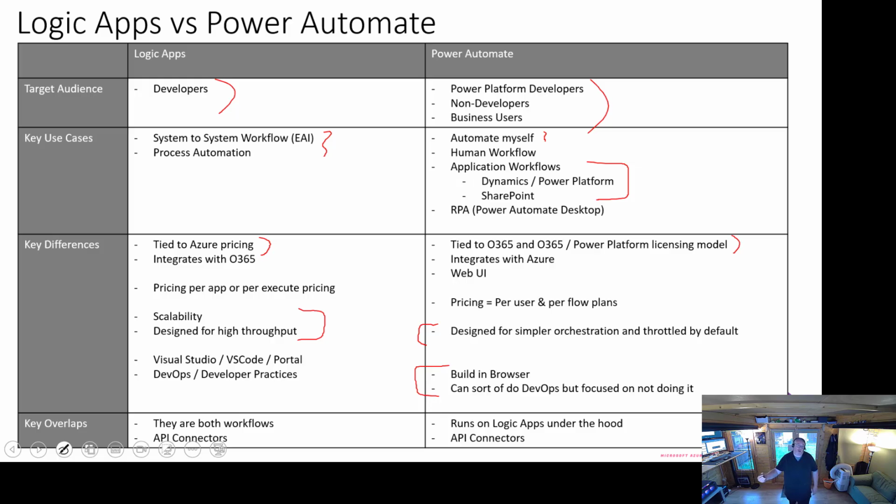If you're a Power Platform developer or an application developer or a business user, Power Automate's going to have the type of DevOps experience that'll be made simpler for those low code implementations. Then finally, the key overlaps. The key thing is the overlap about them both being workflows.